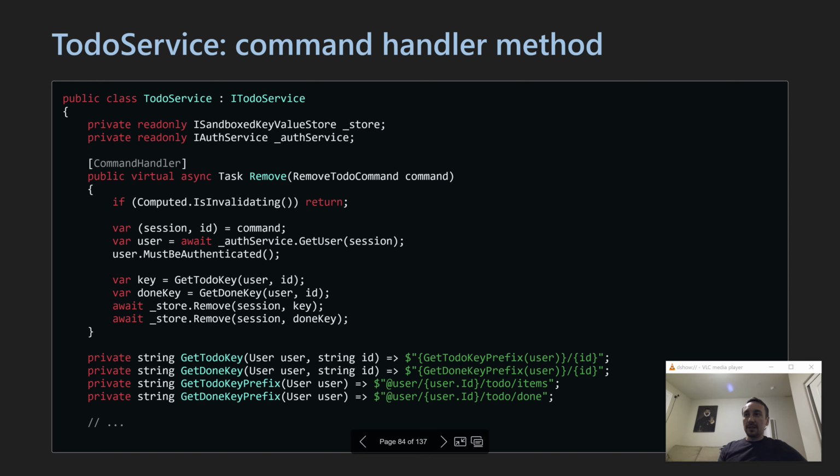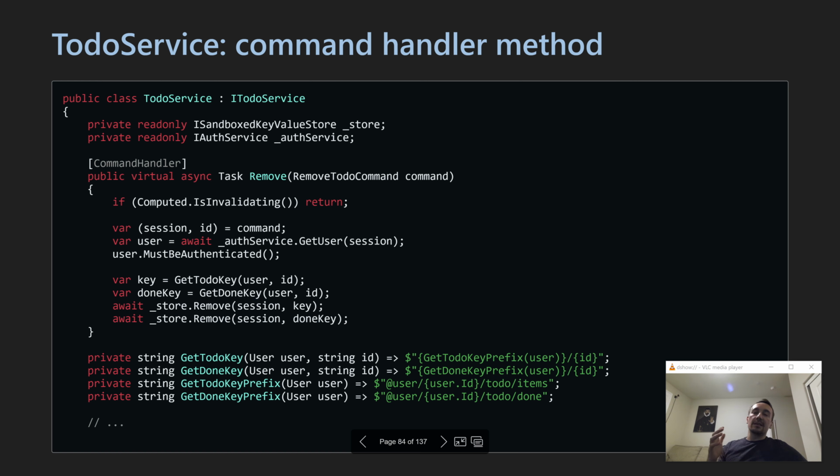Then we get two key names by calling this method and this method. So we get the to-do key prefix, so we get keys that are named like this: user, then user ID, to-do items, and so on. And we simply remove both of these keys here.